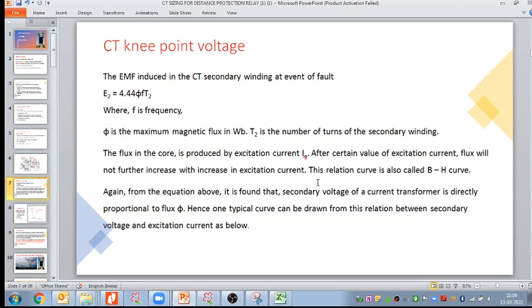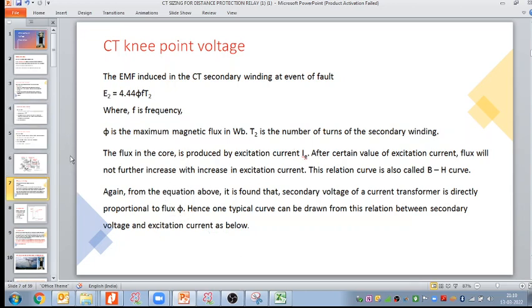This relation curve is called the BH curve, or the hysteresis curve for that core. Again, from the equation above, it is found that the secondary voltage of the current transformer is directly proportional to the flux φ. This E is directly proportional to flux φ. Hence, one typical curve can be drawn from the relation between the secondary voltage E2 and the excitation current Ie.